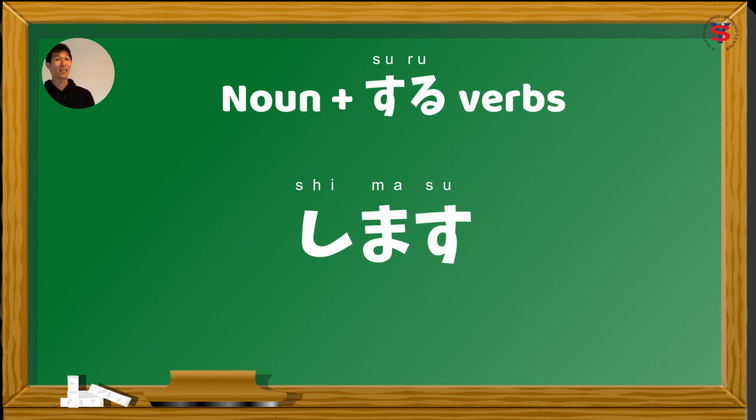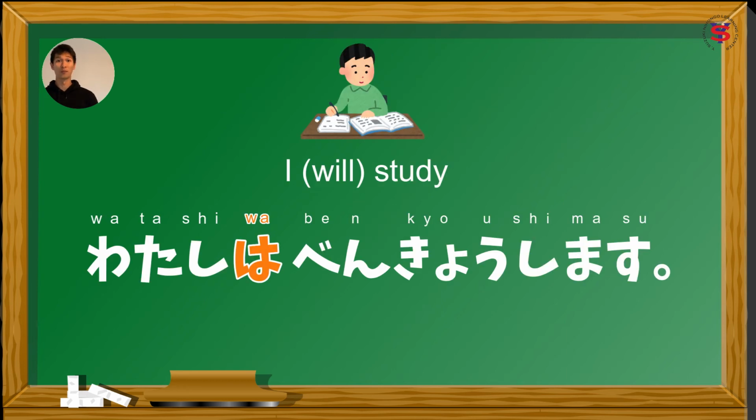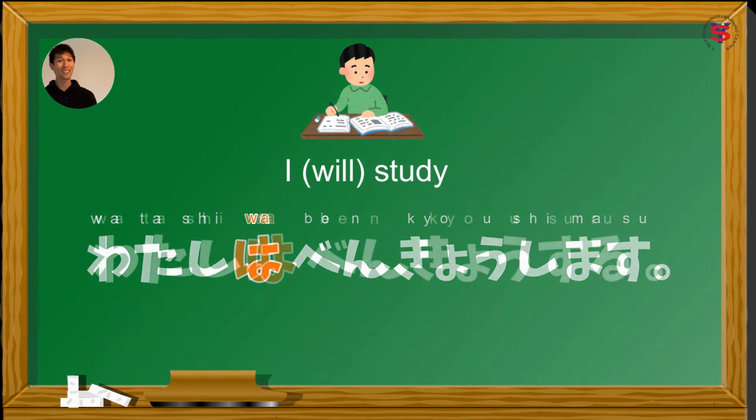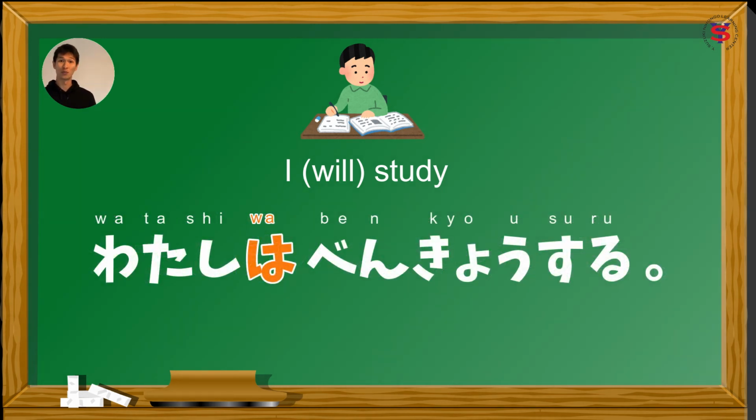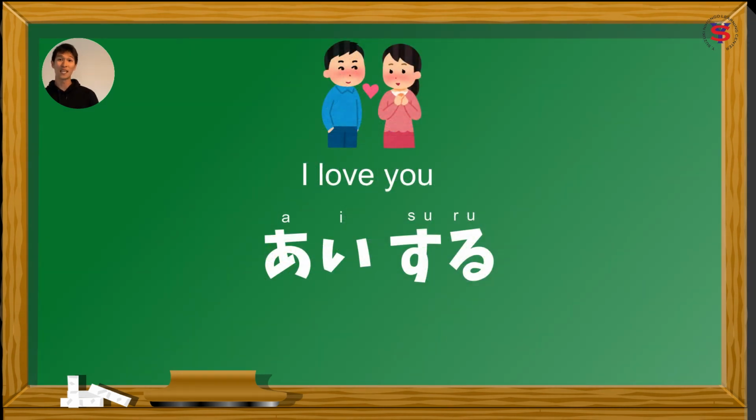Nice, right? Kaya madali lang ito i-memorize. Let's go back to a previous example. Watashi wa benkyou shimasu. Ang root word or casual form ng verb benkyou shimasu is benkyou suru. So, our noun, benkyou plus suru. Kapag gusto naman nating sabihin na I love you, we say ai suru. Ai is love, and we just say suru.